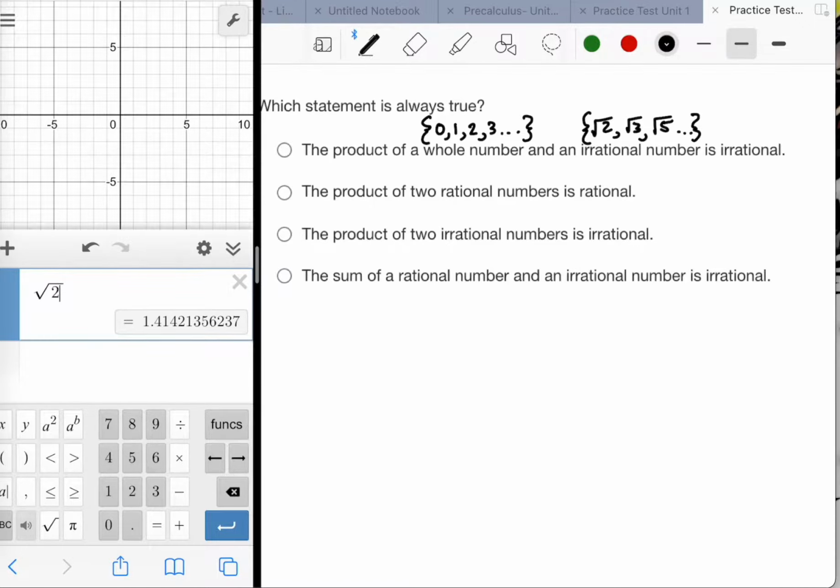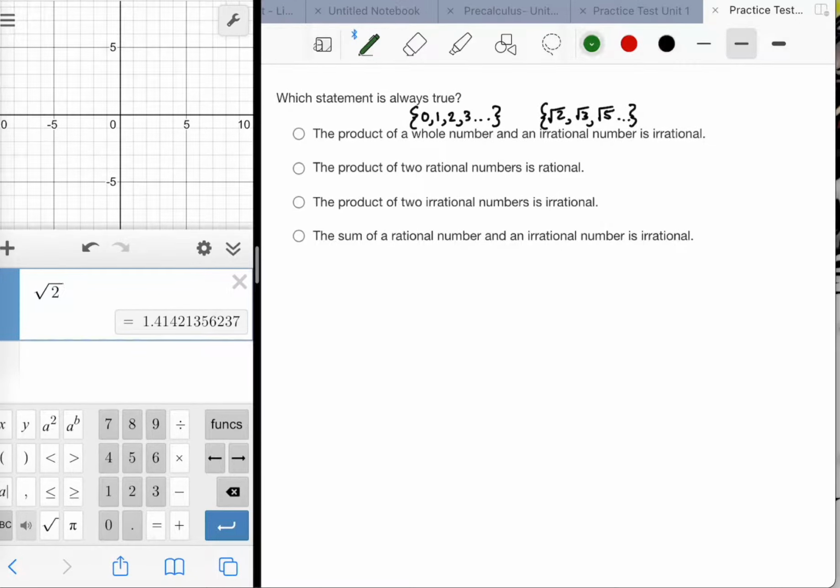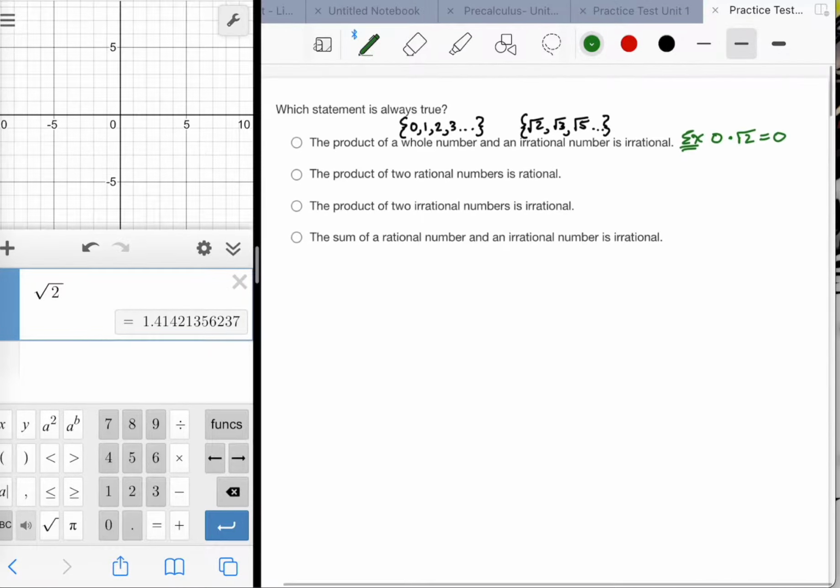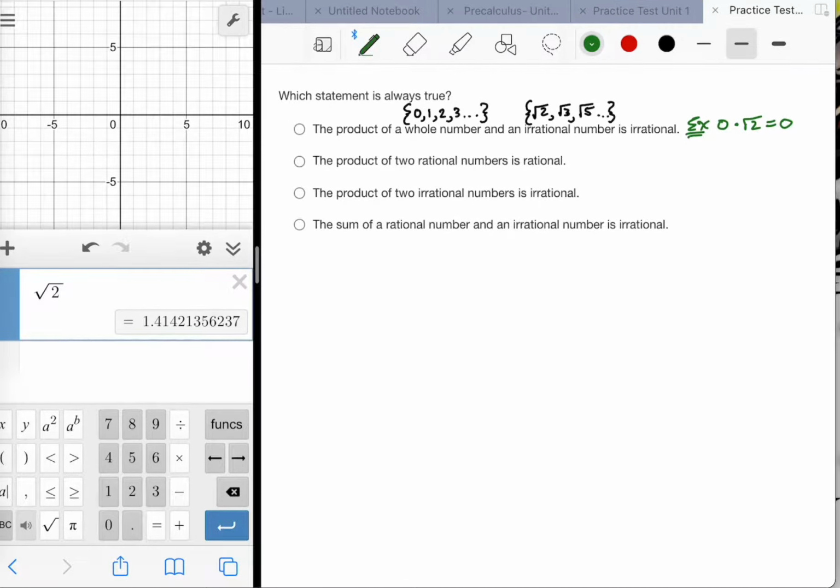Well, the answer is no, because if I take, for example, 0 times radical 2, I would get a result of 0. And that's a whole number. It's a rational number. It's an integer. The one thing it isn't is an irrational number.